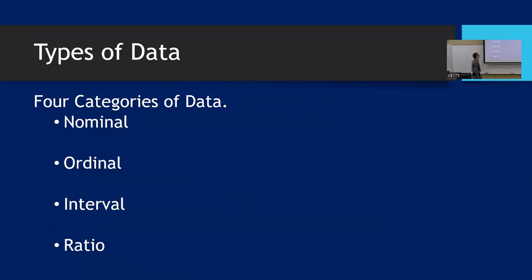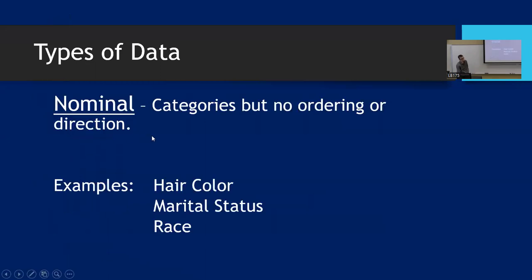So let's start with what would you want in data? Well, one thing, you want your data to have categories. That's what nominal is. Nominal, when you think of this, is categories, but no ordering or direction.